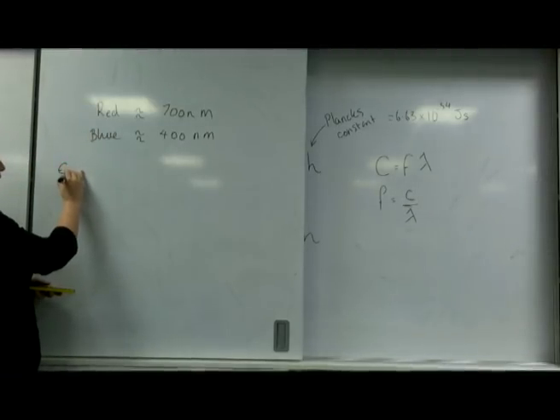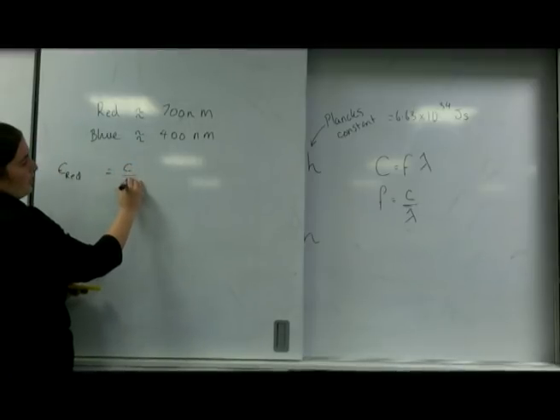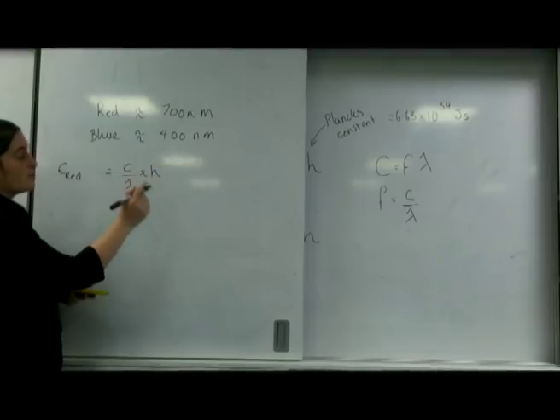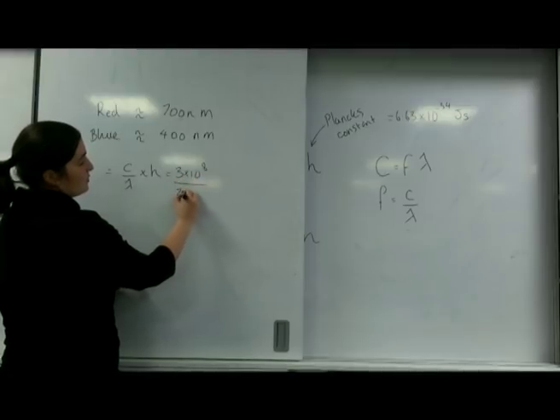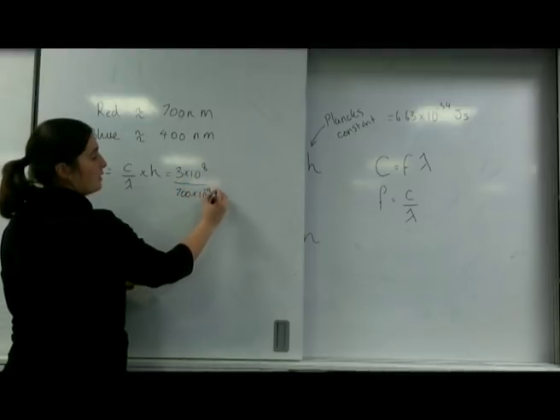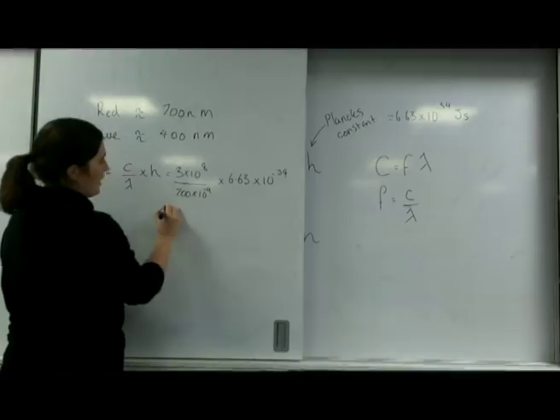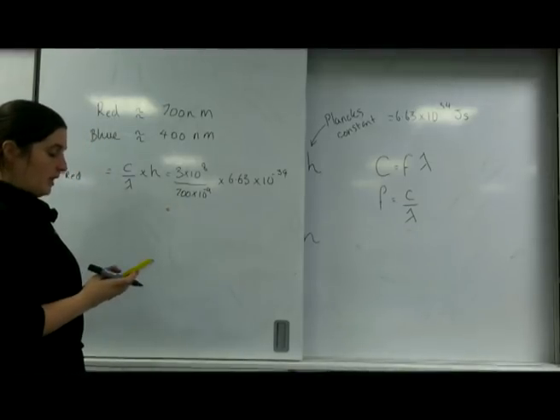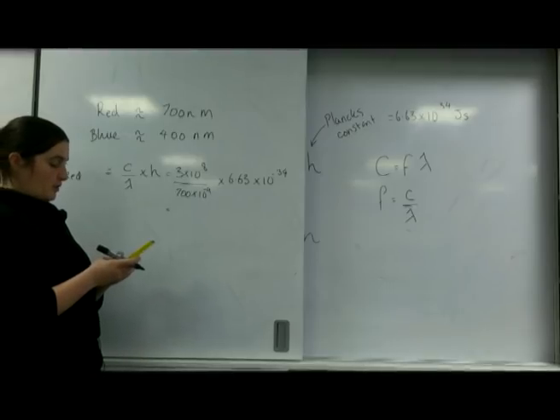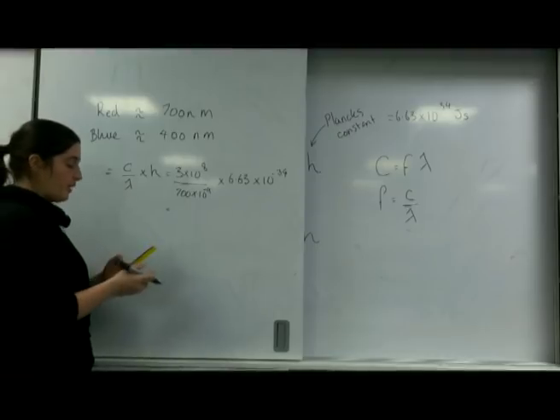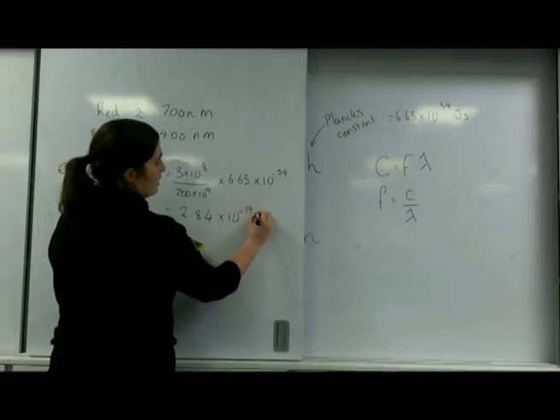So the energy of a red photon would be c over lambda times Planck's constant, so 3 times 10 to the 8 divided by 700 times 10 to the minus 9, times 6.63 times 10 to the minus 34, and that is 2.84 times 10 to the minus 19 joules.